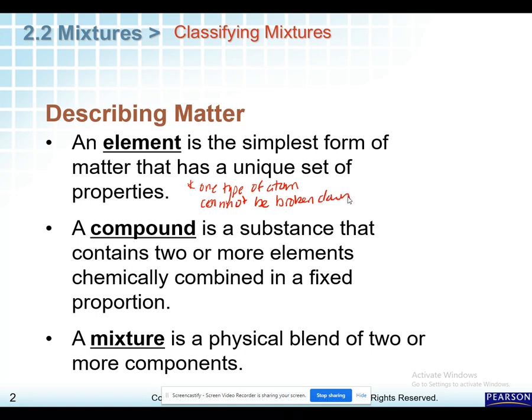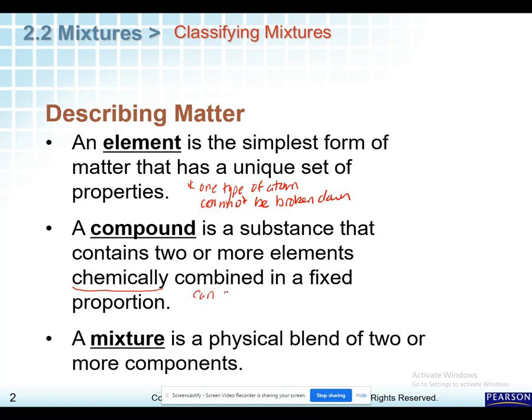So that's how you would describe an element, whereas a compound is composed of two or more elements, so you could say it's made up of two or more different atoms. And then here's the kicker, it's chemically combined. So yes, it can be broken down, but only by chemical means.